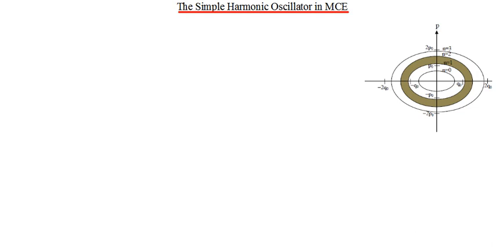So consider a simple harmonic oscillator in one dimension. Now, the most common example for such a system would be a spring-mass system.